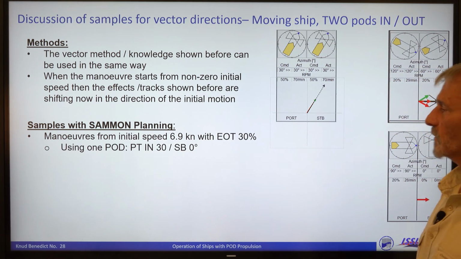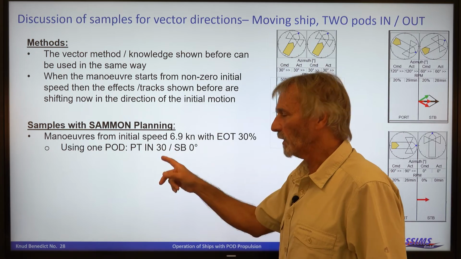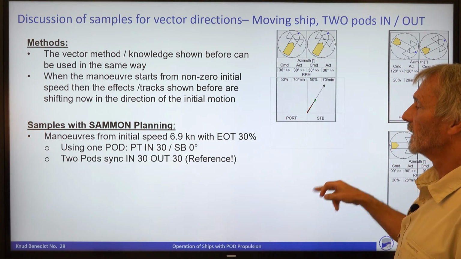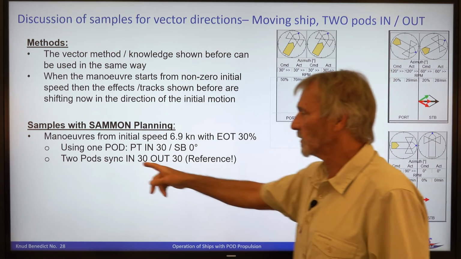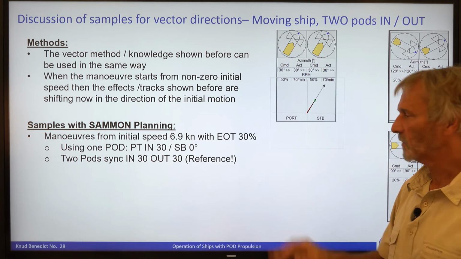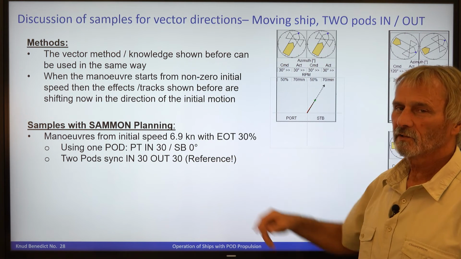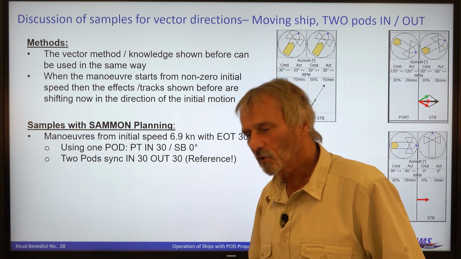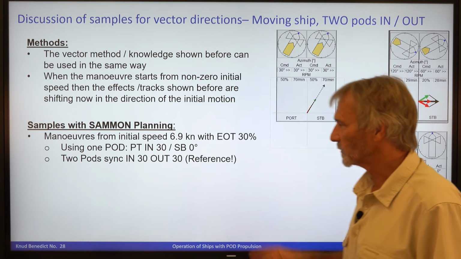And first we will use one pod only for comparison with the others. And then two pods in sync mode, so both of them are turning 30 degrees. This is normally some kind of reference maneuver in the IMO maneuvering booklet or wheelhouse posters.